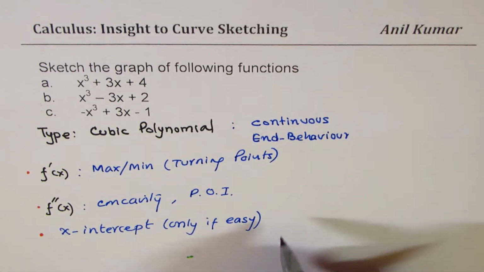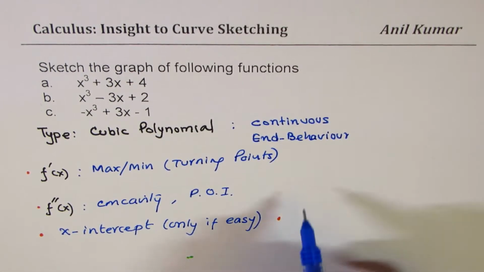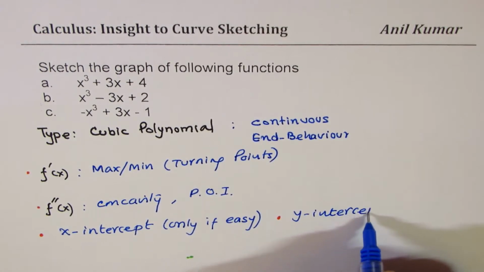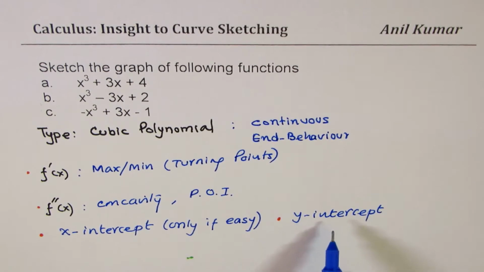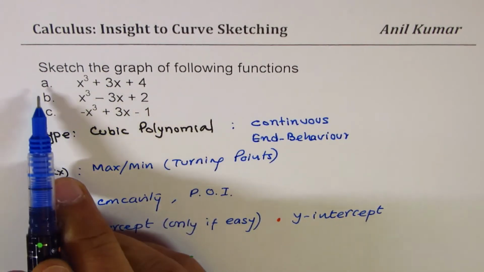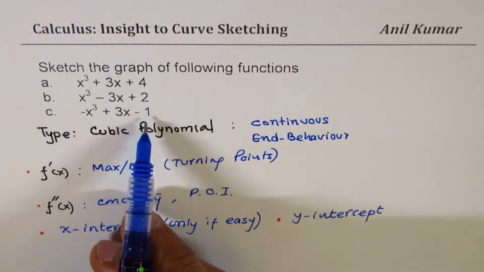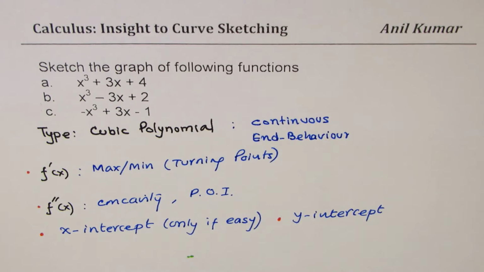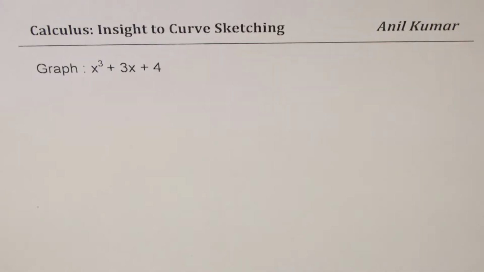The other thing which is very easy to find is the y-intercept. That is, just substitute 0 here. We know the y-intercept for a is 4, for b is 2, and minus 1 for c. So these things, in short, will help us sketch a good graph, and with these three examples, we will actually see how. So let's begin with the very first one.